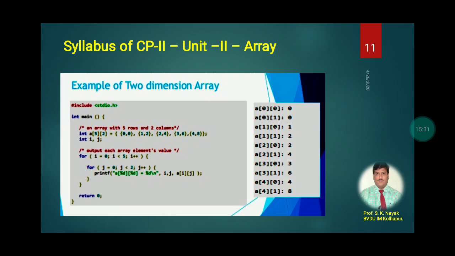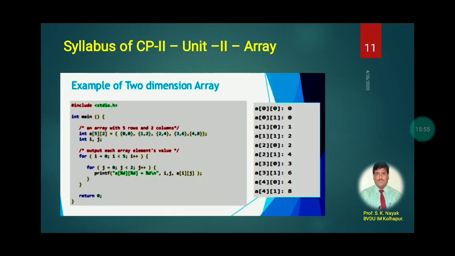We include stdio.h, then int main, and in the declarations part you have a[5][2], with 5 rows and 2 columns.